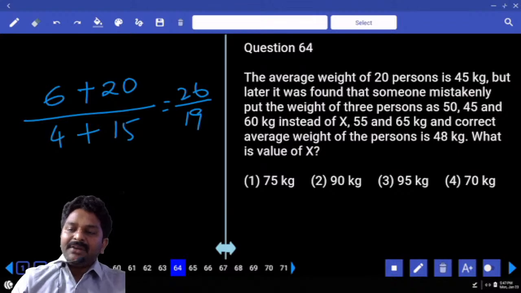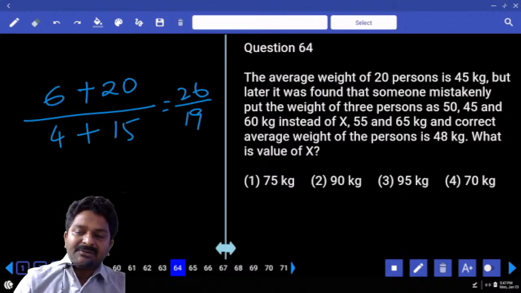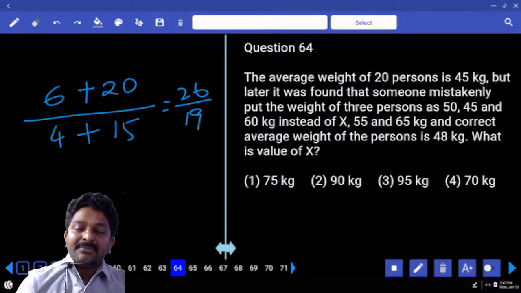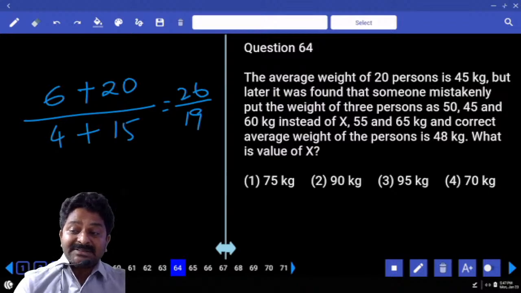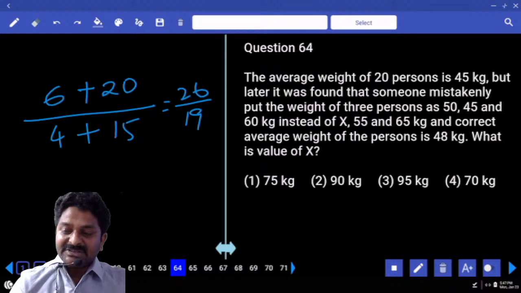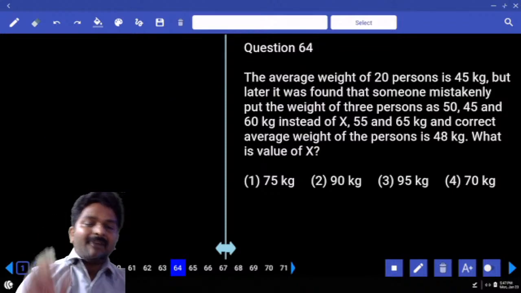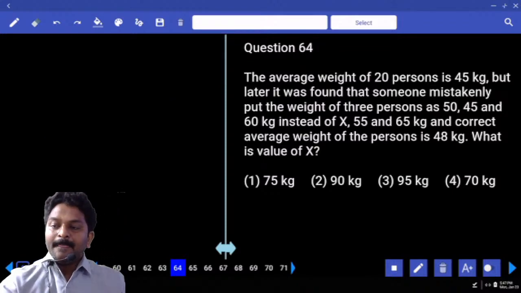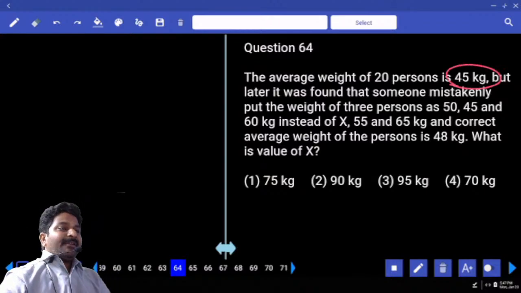The average weight of 20 persons is 45 kgs, but later it was found that someone mistakenly put the weights of 3 persons as 50, 45, 60 instead of x, 55, 65. And the correct average weight of the persons is 48. What is the value of x? Right. Now, initial average 45.